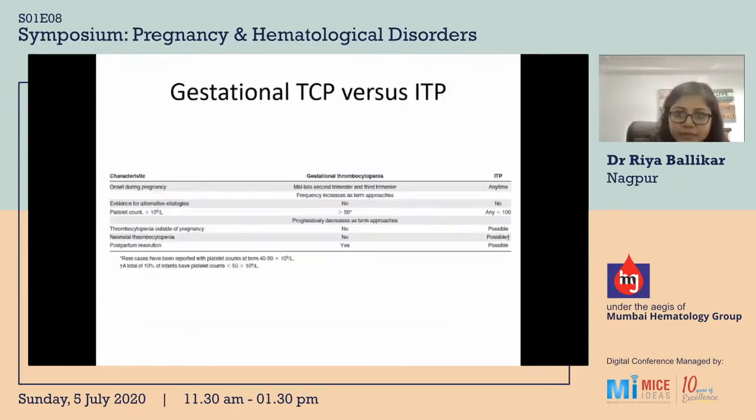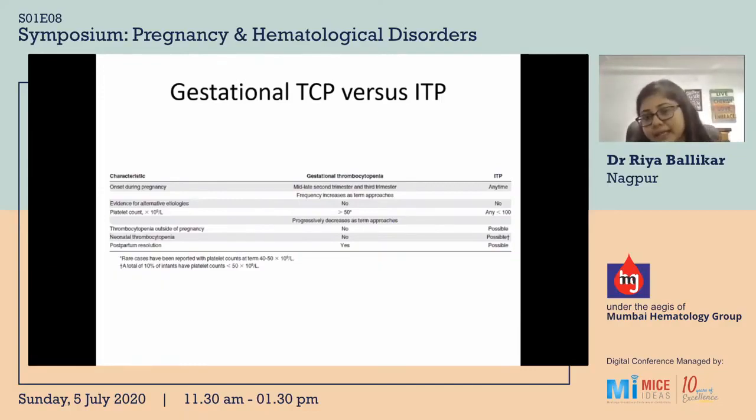Gestational thrombocytopenia versus ITP: gestational is always mild. The platelet count normally never falls below 80,000, though rarely it can go to 50,000. It normally appears first in the late second trimester and third trimester. And the baby here, importantly, is not affected by the thrombocytopenia.